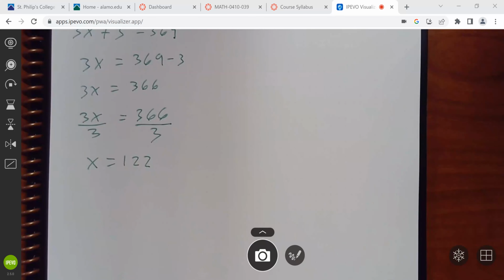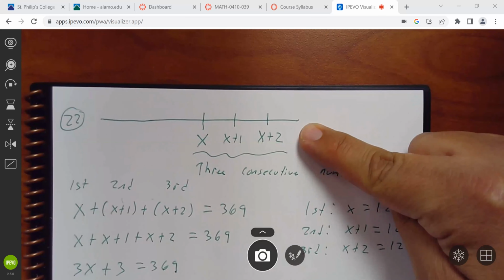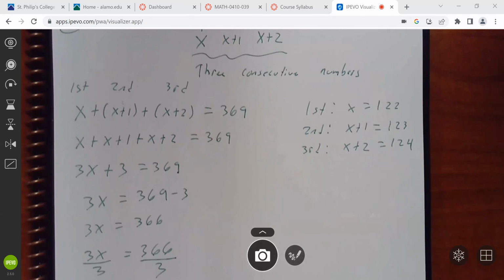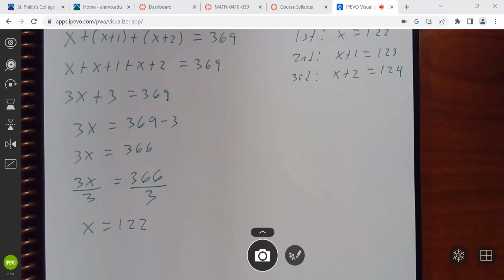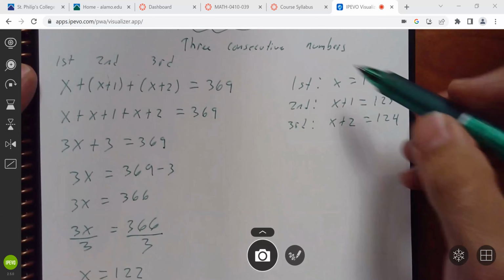So using that idea, this right here led me to this. So for the answer, you would just write down those three numbers. These are my answers.